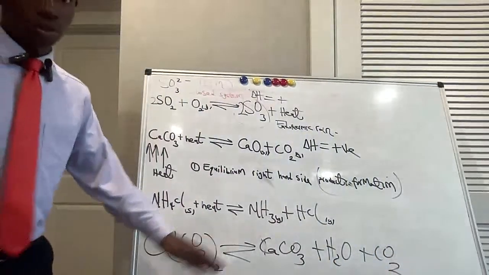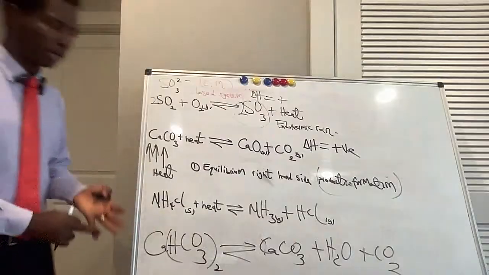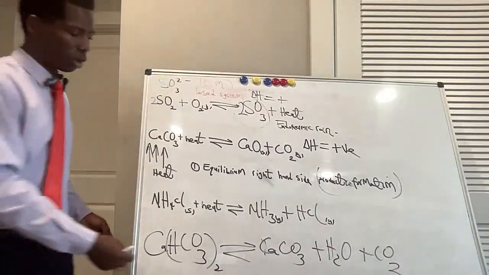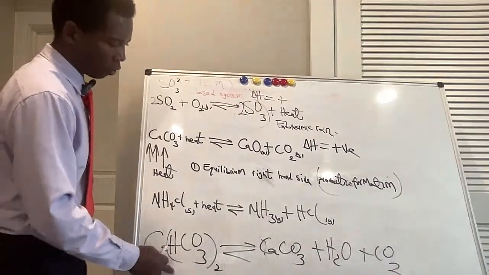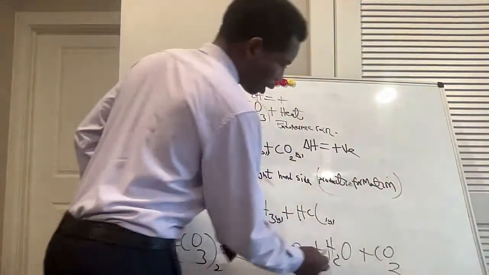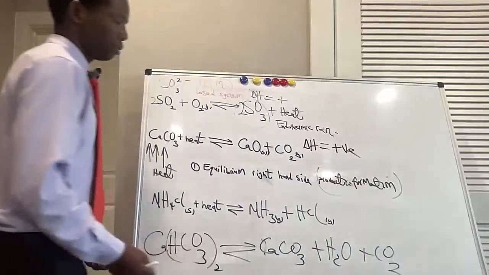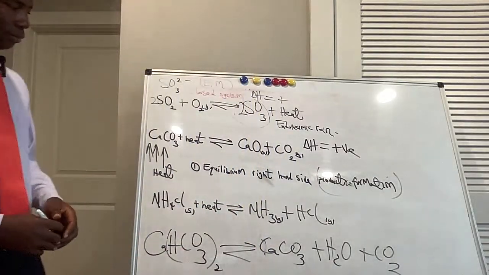In this reaction, what is the effect of change in temperature, change in pressure, and change in concentration of all the species, excluding catalyst, because catalyst does not have any effect?